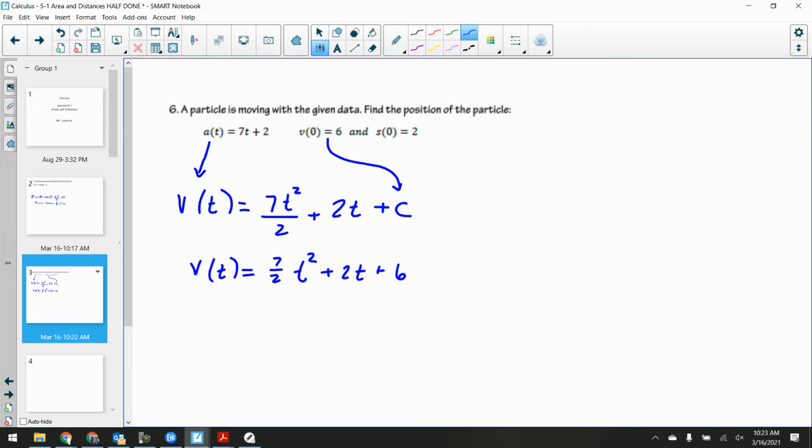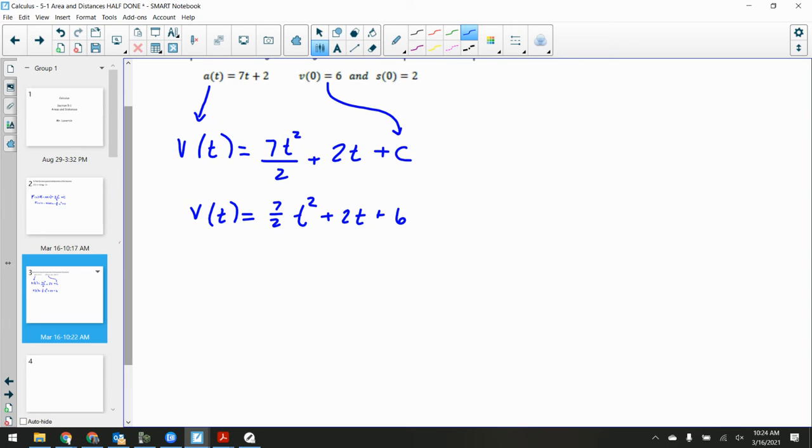And then I do the exact same thing again. I find the antiderivative of that to find the position. Because remember, the antiderivative of velocity is position. Oh, I think I made it as 3.5 on the key. It's fine if you leave it as fraction format. So now position is the antiderivative.